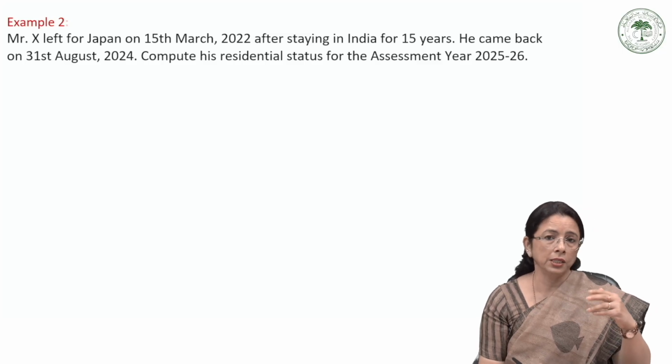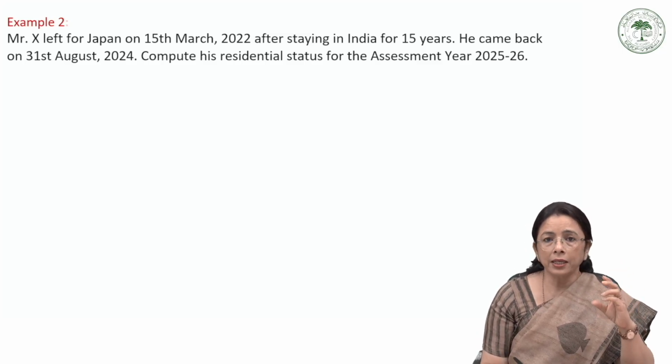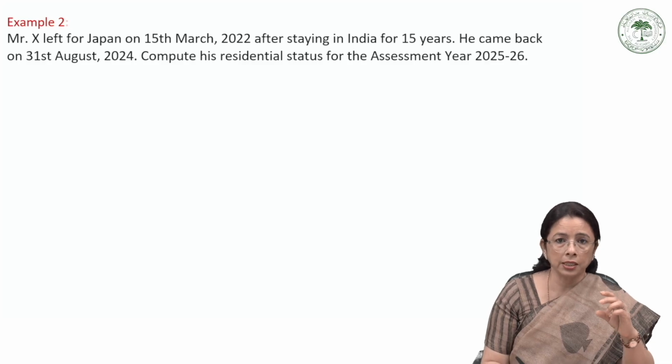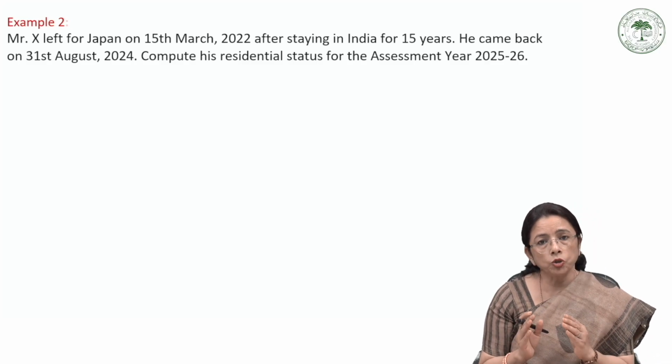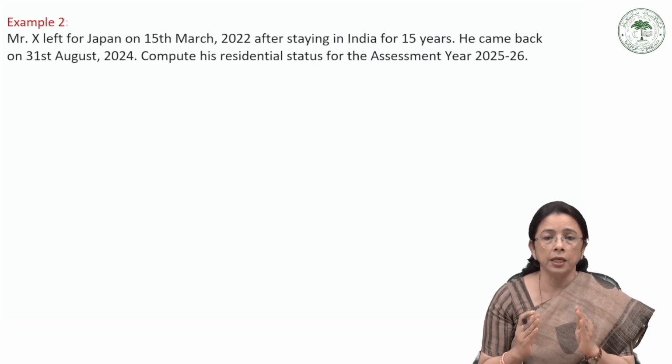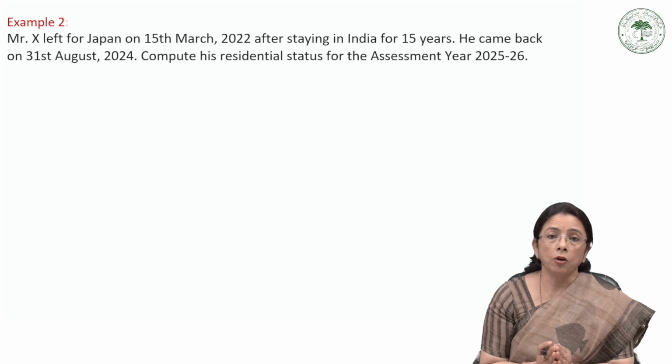So initially, once he fulfills the basic condition, we decide his residential status as to whether he is resident or not resident. If he is decided to be a resident of India, then we have to again decide whether the status is ordinarily resident or not ordinarily resident.